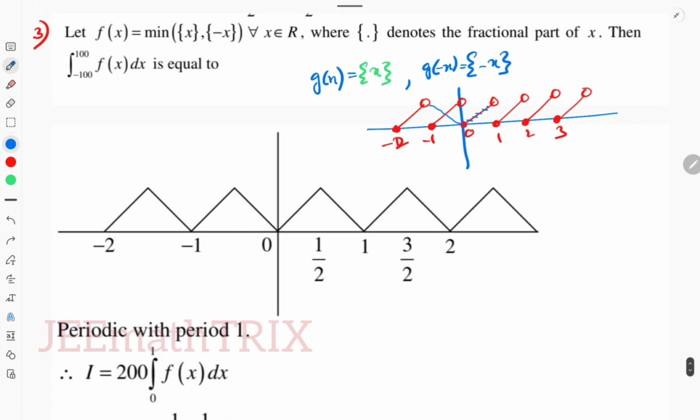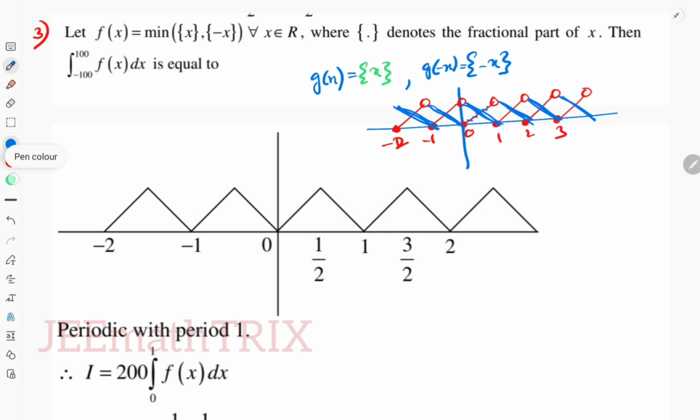The blue colored one is the mirror image with respect to the y-axis of this curve. If you look at this graph, you get x-shaped lines in every block.